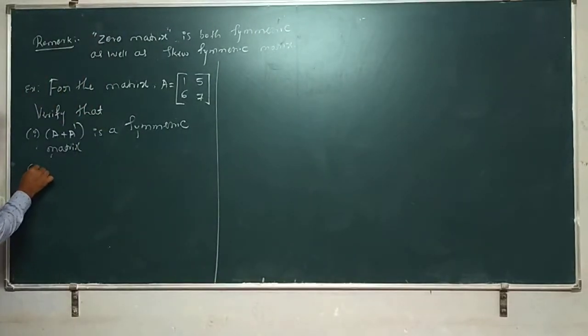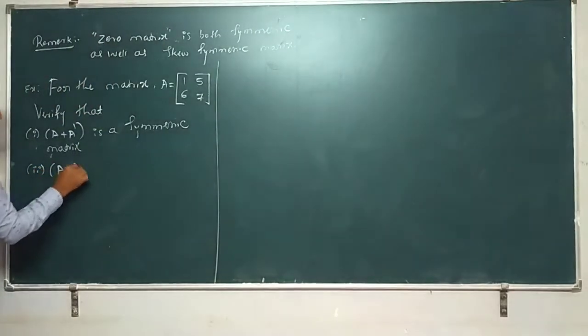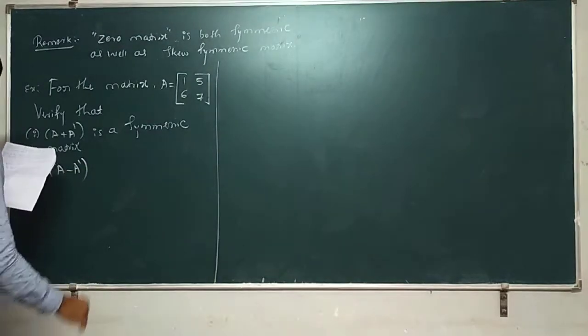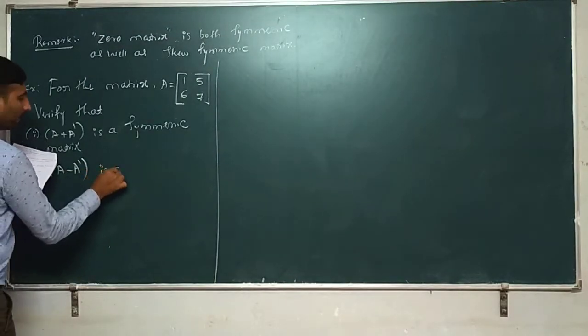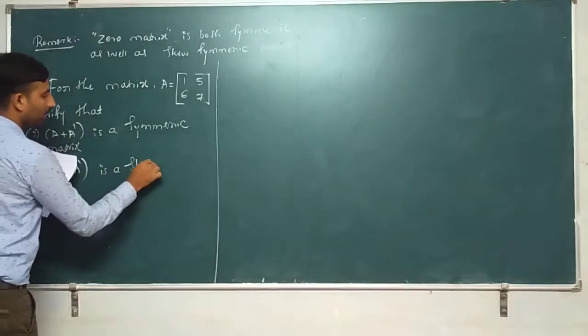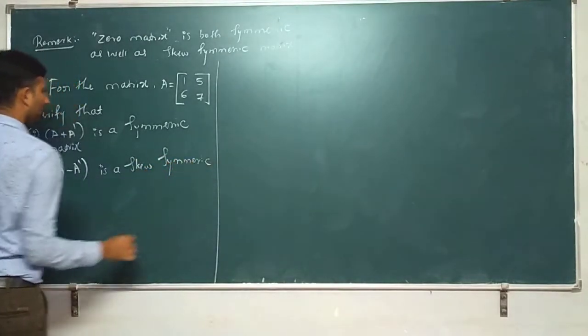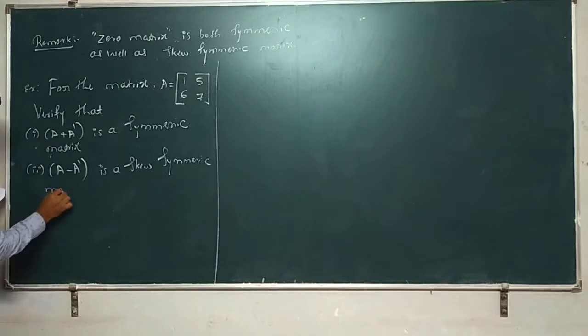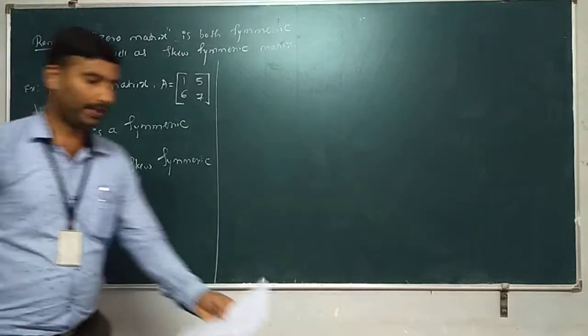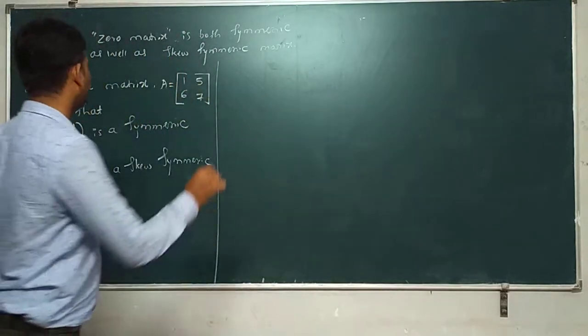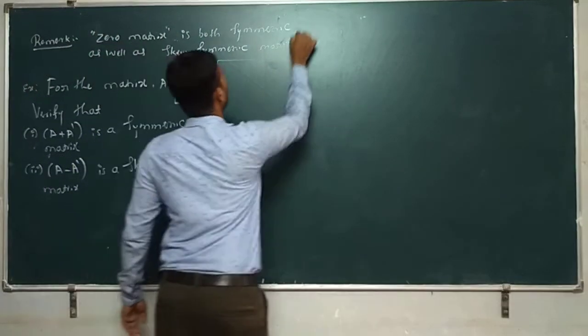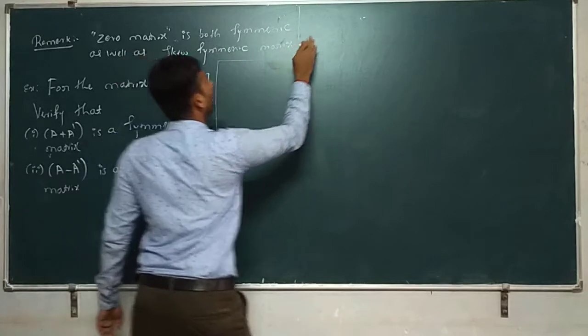Second one, A minus A dash is a skew symmetric matrix.